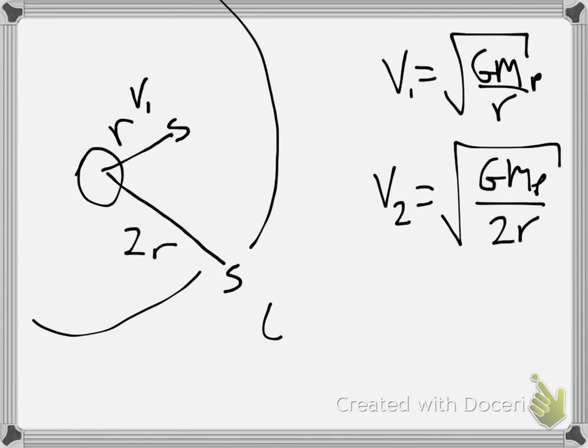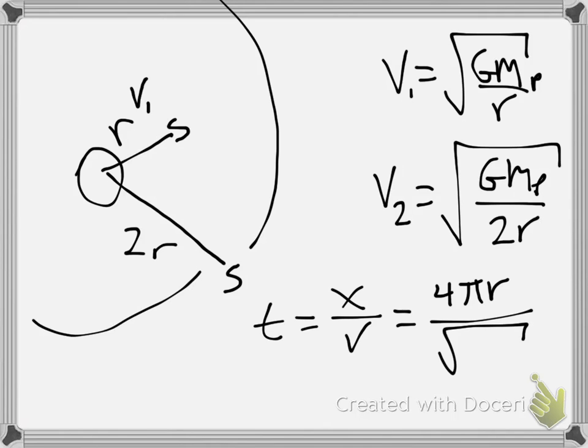And so then the time will be distance over velocity. And the distance is, sorry, I shouldn't have done 2 pi. I should have said 4 pi r, right, because it was 2 pi of 2r.